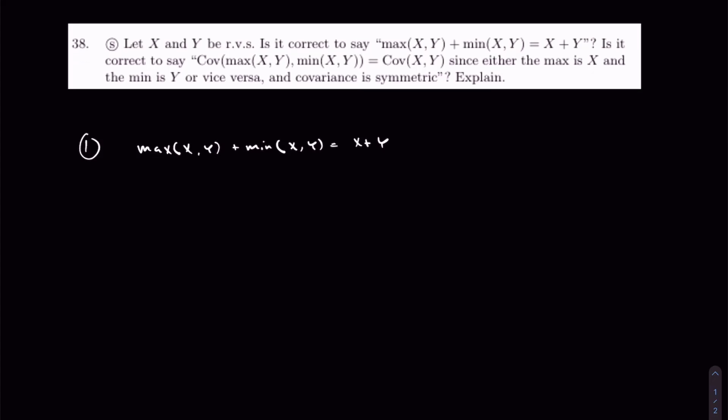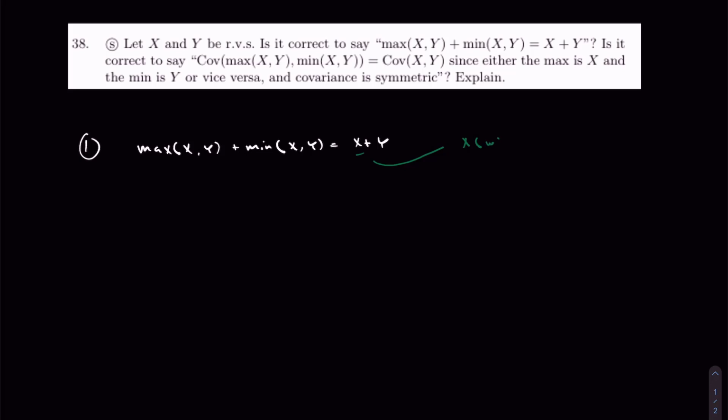So one way to think about this problem is to think about what the random variable is. When we write x, it's really just a function of some event of interest, say w.